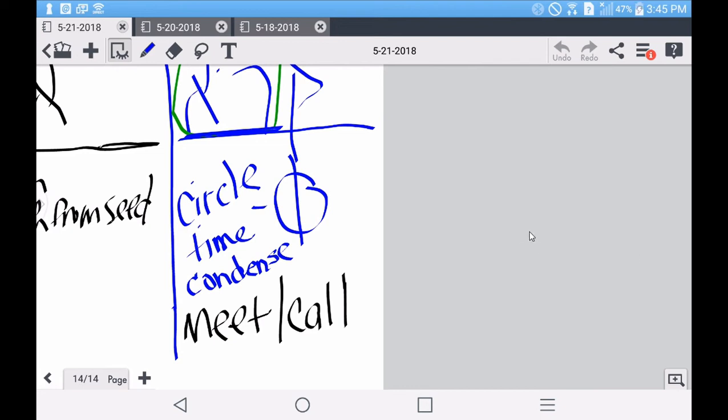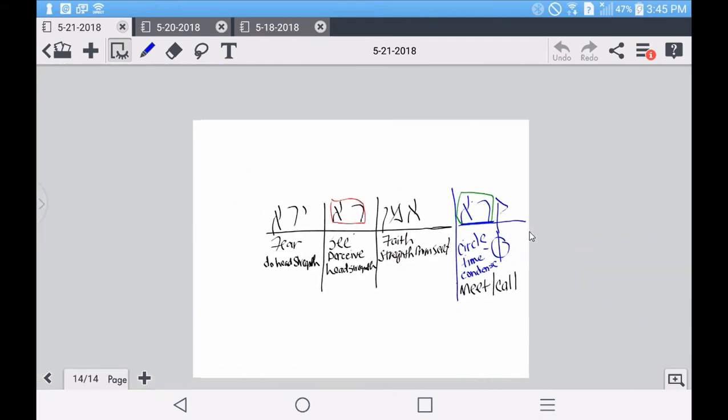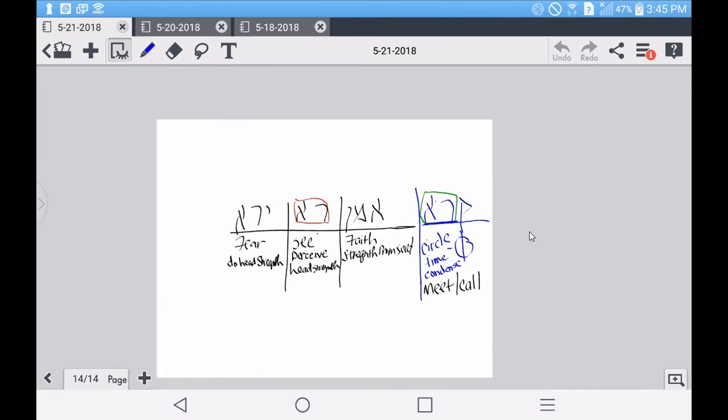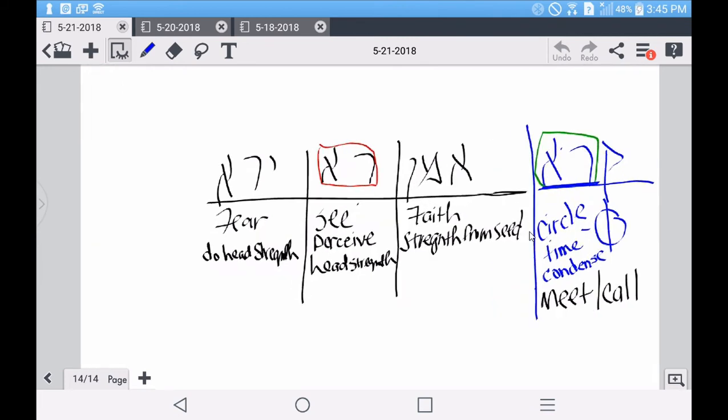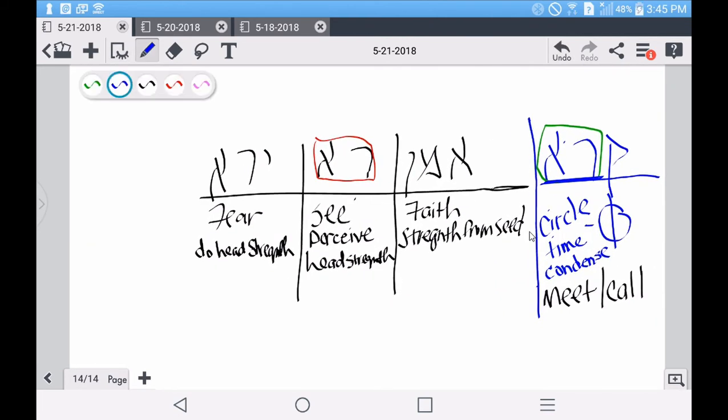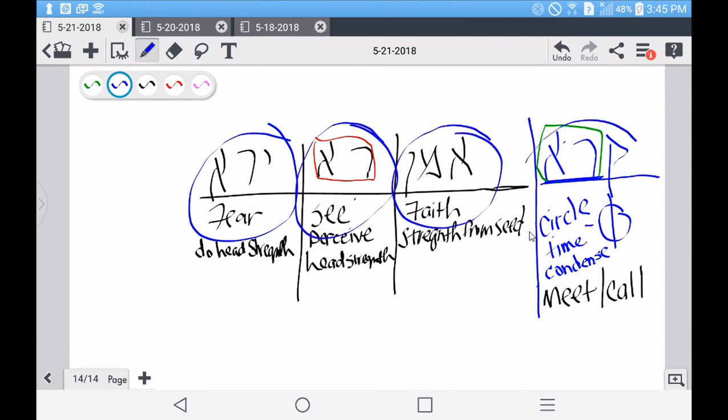So here we have learned that Ra is seed, Amen is faith, and Korah is to tame the perception.